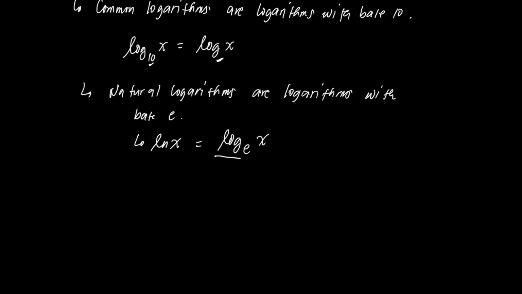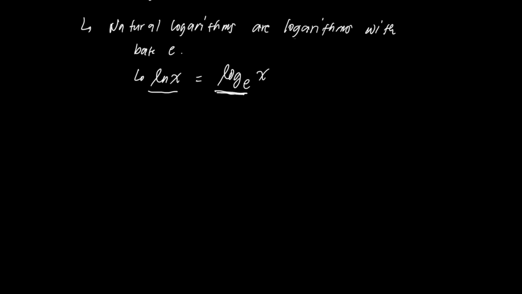So instead of writing logarithm to the base e, you can just write ln of x. That means natural logarithms. So let's have the logarithmic and exponential relationships that will really help us in solving equations involving logarithms and exponents.